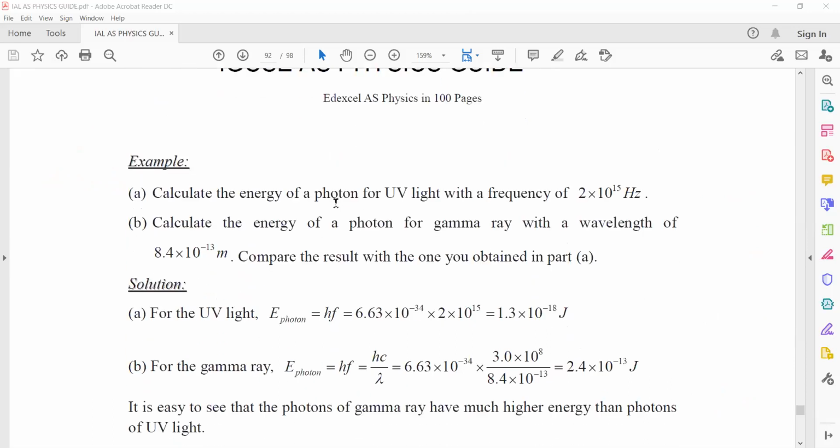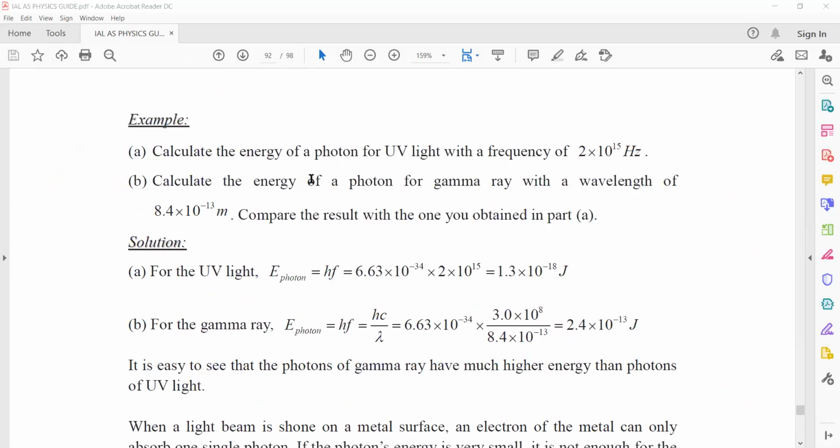For example, calculate the energy of a photon of ultraviolet light with a frequency of 2.2 exponent 5 hertz, and calculate the energy of a photon of gamma rays with a wavelength of 8.4 exponent minus 3.